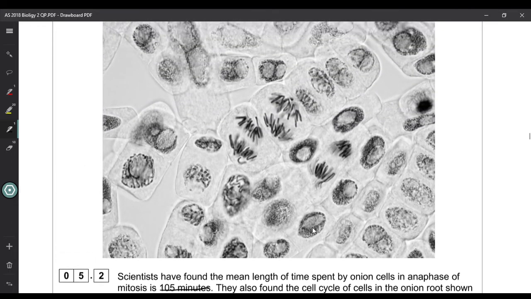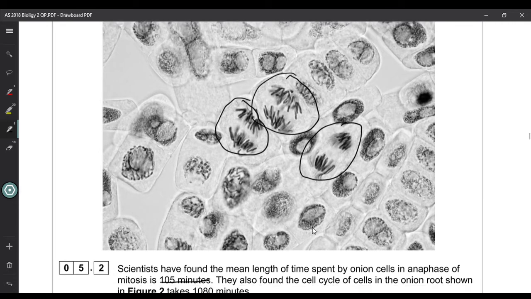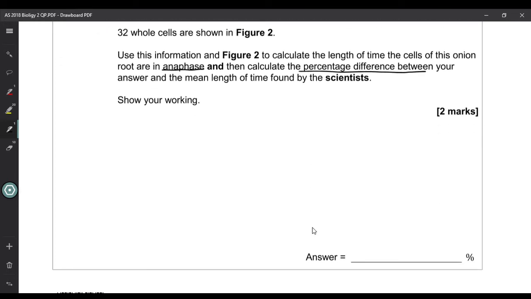So we know that there's 32 cells in this picture. So we've got to, first of all, identify which cells are in anaphase. If we look at that, we can see the cells that are in anaphase are these 3 here. So out of the 32 cells present, there's going to be 3 in anaphase. So the fraction that are in anaphase is going to be 3 out of 32. And we know that the entire cell cycle takes 1080 minutes.